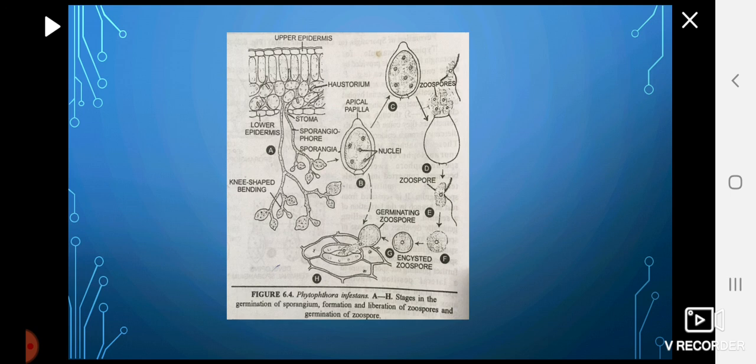On reaching a suitable host, it absorbs moisture and germinates. Under moist conditions and low temperature, around 12 to 15 degrees Celsius, they germinate indirectly by producing zoospores, and they function as zoosporangia. And under high temperature conditions, they germinate directly by giving out germ tubes and function as conidia. So the sporangia are called conidiosporangia.